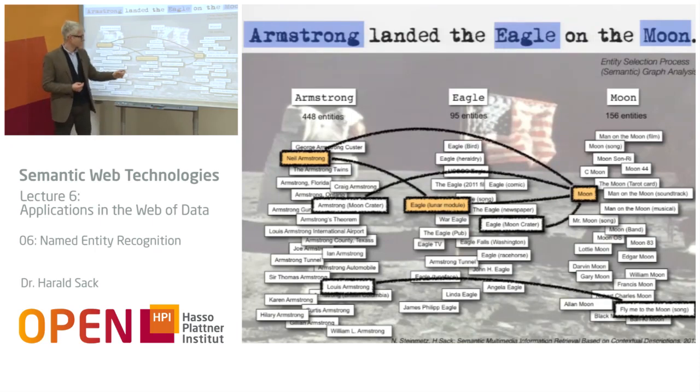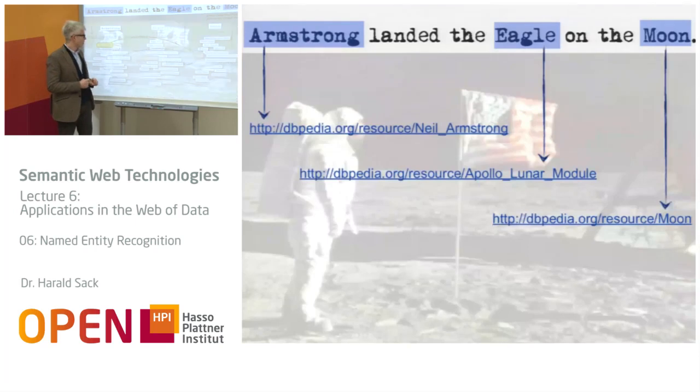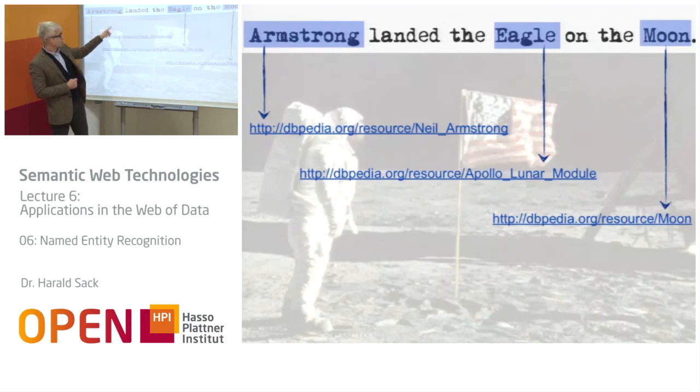There might be other connections, but in a closed connected component, it's much more likely that these three entities together form a context with a high probability, and they can be matched against these symbols that occur in the same context. So what we would do here is map the strings or the nouns to the according URIs that stand for the entities we have determined in the mapping process. This is the process called named entity mapping.